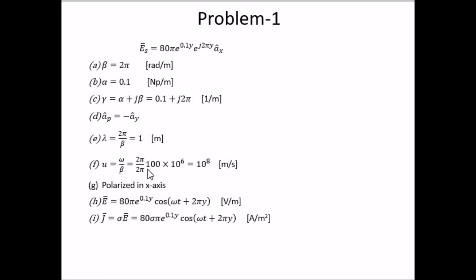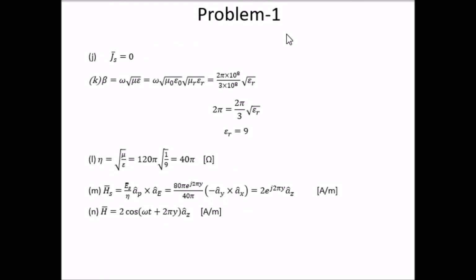Omega is 2 pi f and beta is 2 pi, so you get 10 to the power 8 meters per second. The wave is polarized in the x-axis. The time domain electric field intensity and the conduction current density in time domain are given here, and the unit for current density is amperes per meter square.